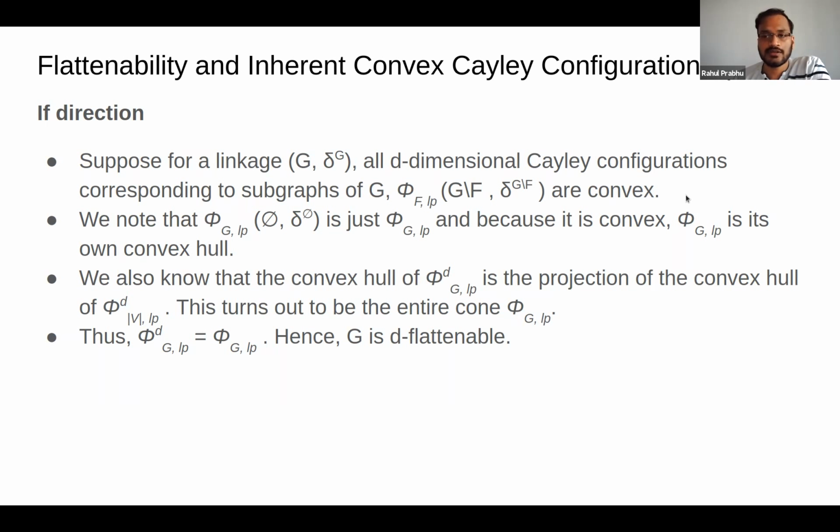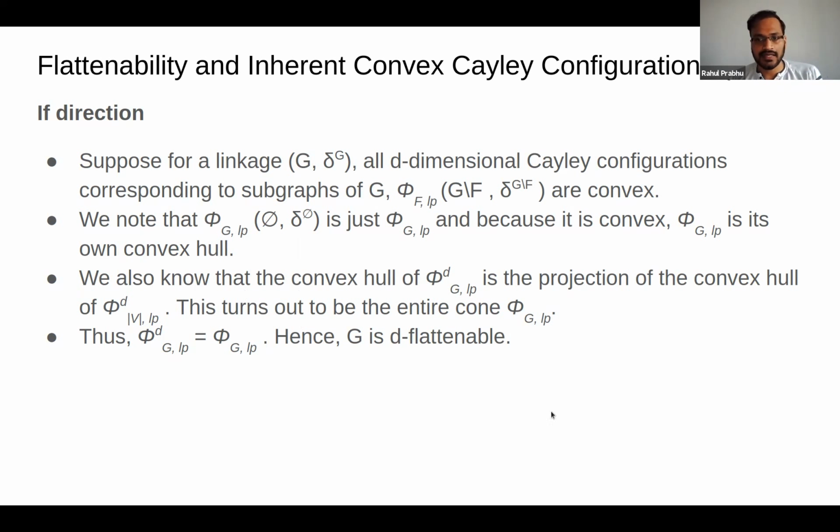This should certainly be true for the empty subset F, and we denote the configuration space of the empty subset here. This is just the configuration space of the entire graph G. Because this is convex, it is its own convex hull.